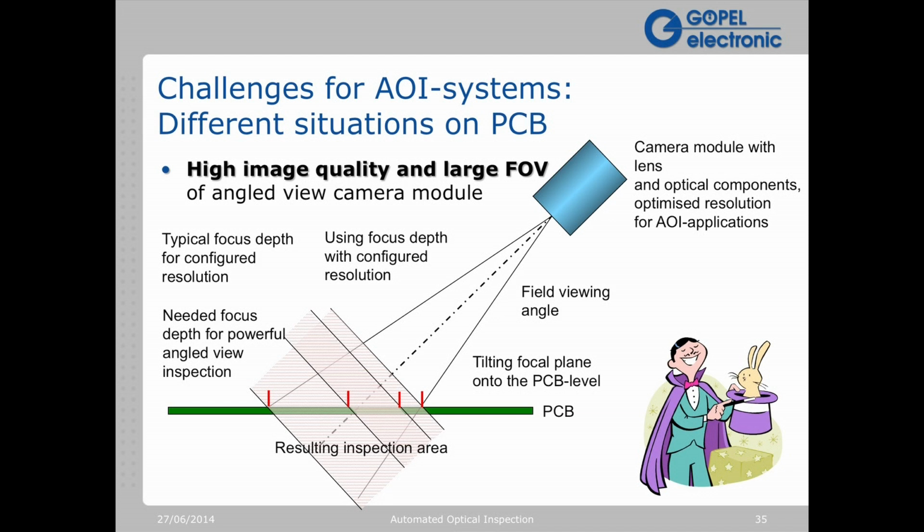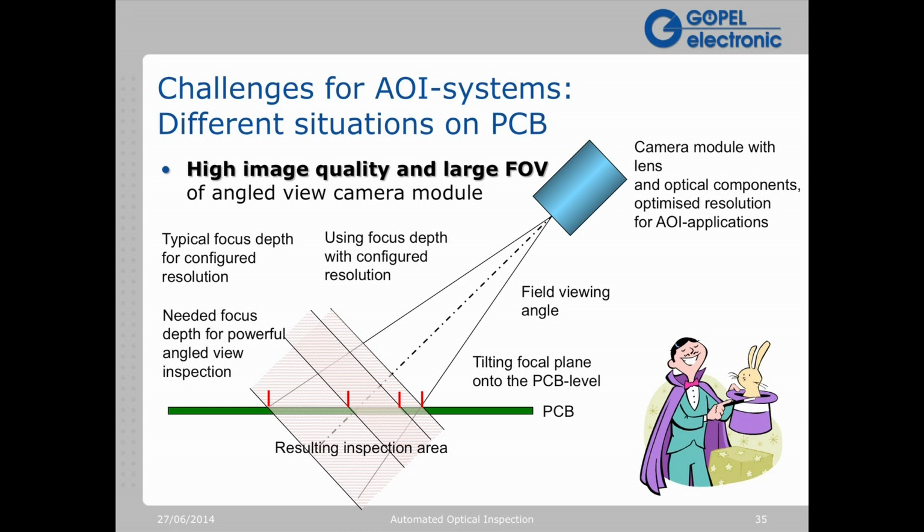But this focal plane is generally orthogonal to the camera system. As a result, it's at an angle to the board itself. So when we combine the angle of the board under test with the angle of the focal plane and the focal depth, we see a result here that is a very small field of view.